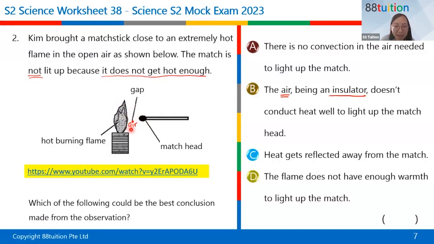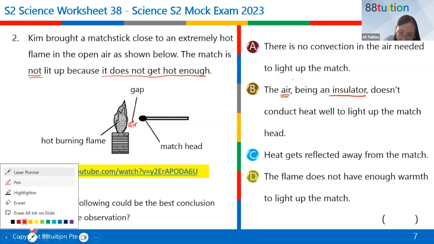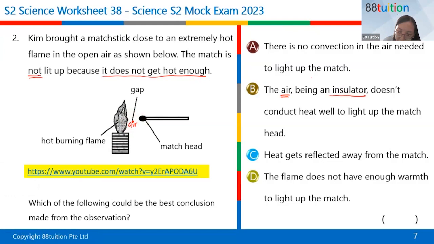If, instead of air, this were made of something that is a good conductor of heat, like metal, then heat from the flame would be conducted very quickly to the matchstick and light it up. But here, air does not conduct heat very well. So I'm going to write here: air is a poor conductor of heat.